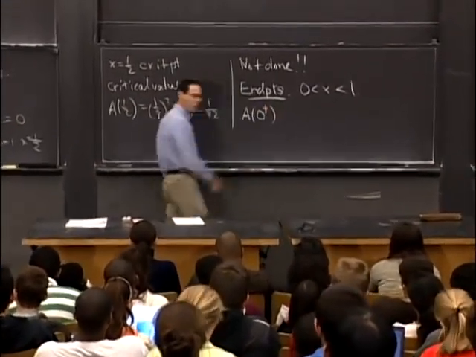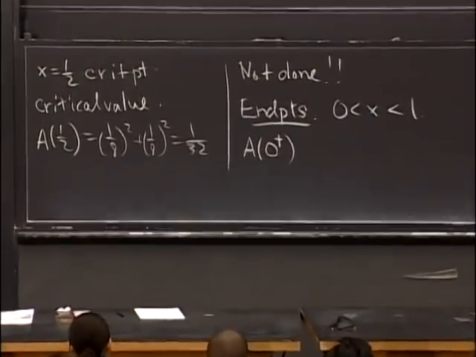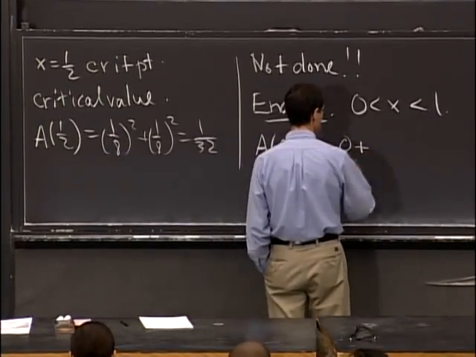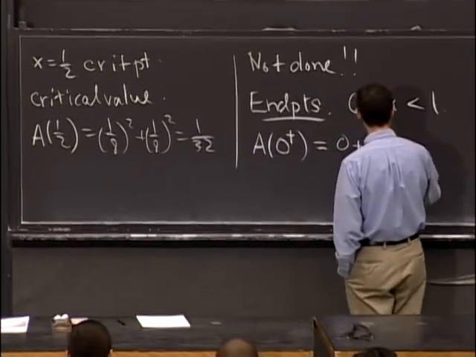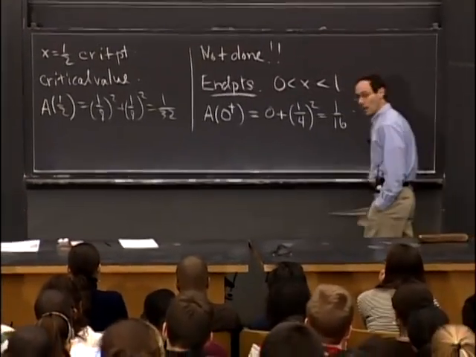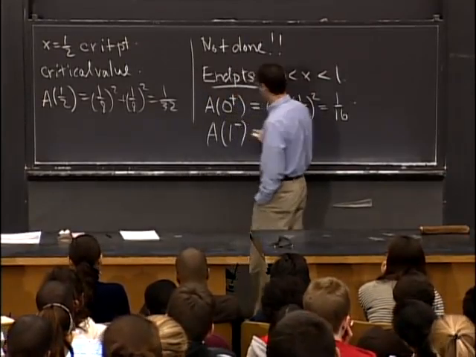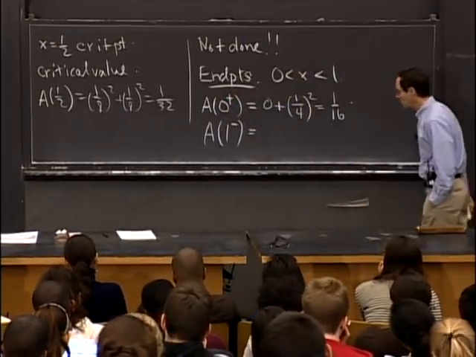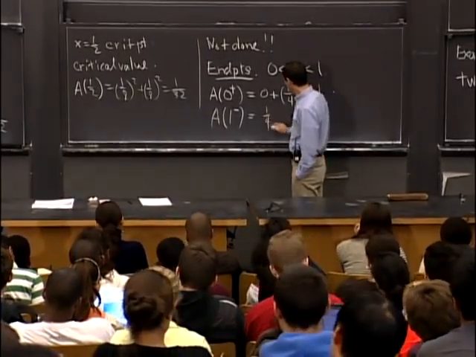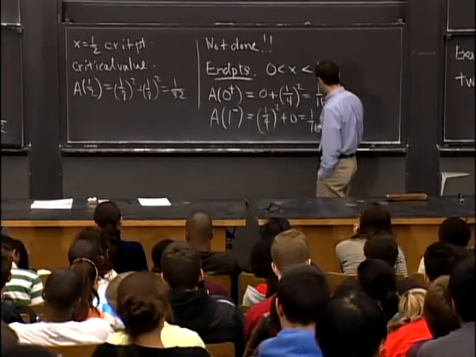So that would be the right-hand limit as x goes to 0 of A. And if you plug in x equals 0, what you get here is 0 plus (1/4) squared, which is 1/16. All right? And similarly, at the other end, that's 1 minus 1 from the left. We get a quarter squared plus 0, which is also a 16th.